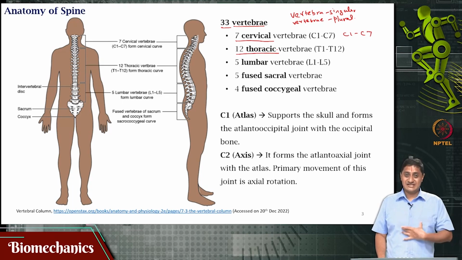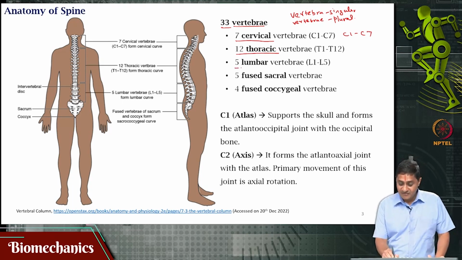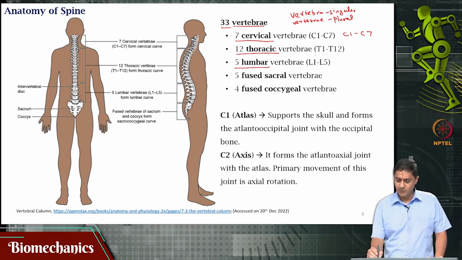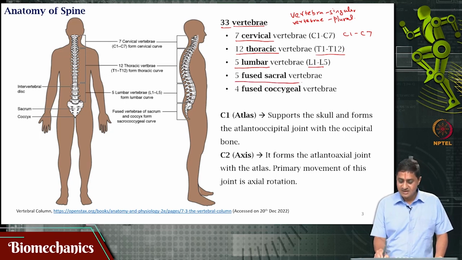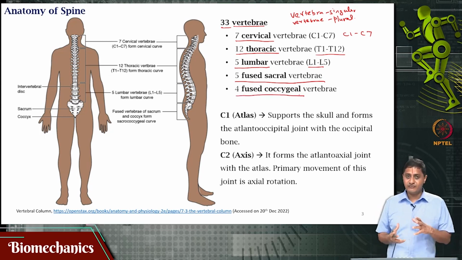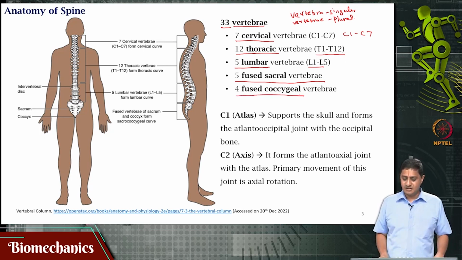Thorax means chest and the back, for example, this part. And 5 lumbar vertebra, L1 to L5. The thoracic vertebra are named T1 to T12, and there are 5 vertebra that are attached together. These are called sacral vertebra, and 4 fused vertebra, 4 attached vertebra called coccyx or coccygeal vertebra.